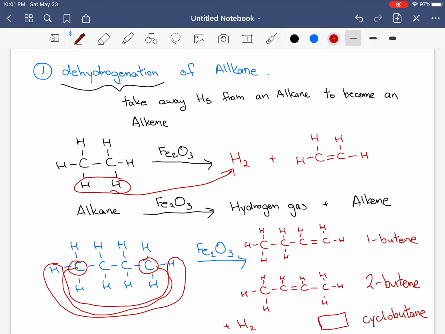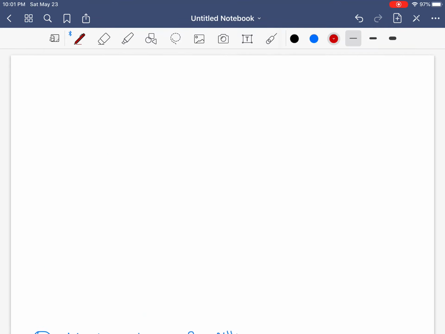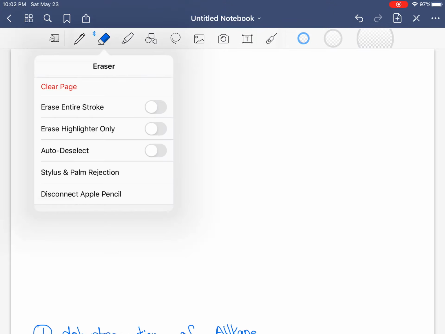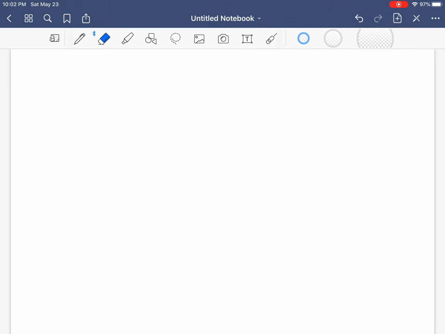Alright, so that's dehydrogenation of alkane. So let's move on and let's take a look at another type of reaction. Okay, this is where I want to get to. This is reaction of alkene.